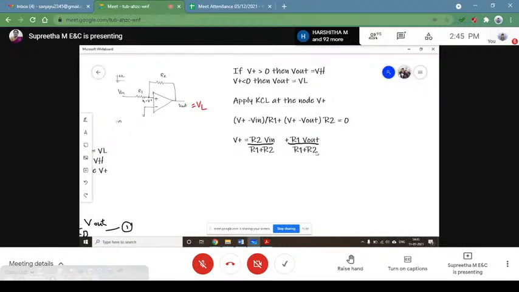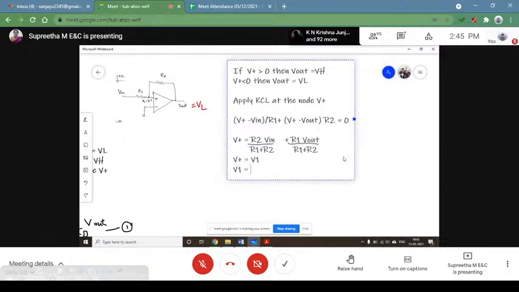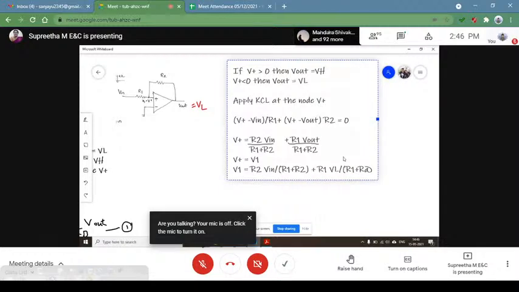So when my input voltage is at V1, let V plus is equal to V1, then I get V1 is equal to R2 into Vin divided by R1 plus R2, plus R1 into the output voltage VL divided by R1 plus R2.